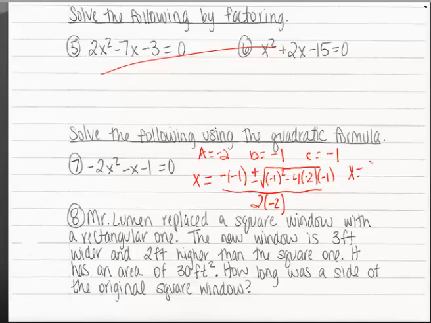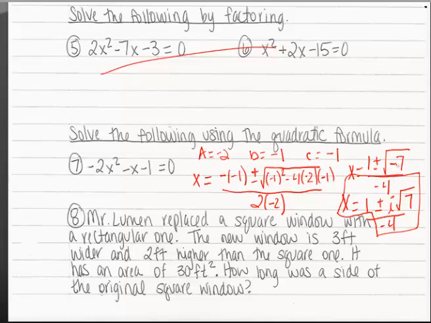Alright, I've already done this in my calculator, so I end up with x equals 1 plus or minus the square root of negative 7 all over negative 4. Now negative 7, we've learned that that is something that's imaginary, and we deal with imaginary by making it x equals 1 plus or minus i square root 7 over negative 4. Don't forget that you know that, therefore you have to keep going and simplify it like that. And that would be your final answer.